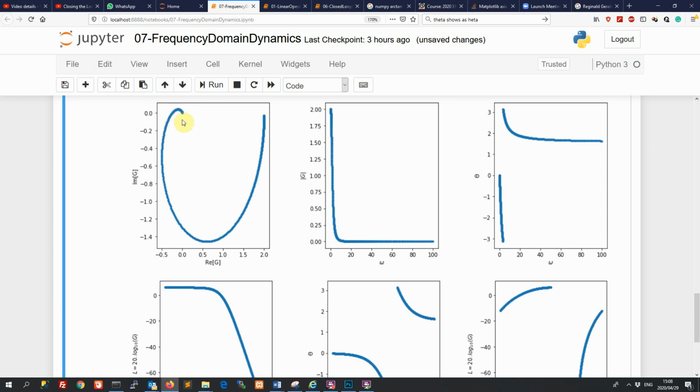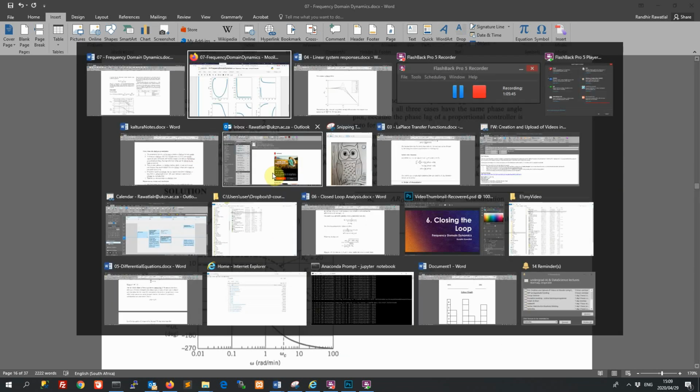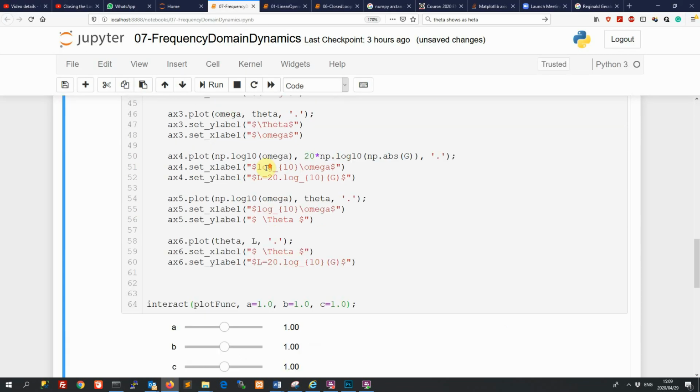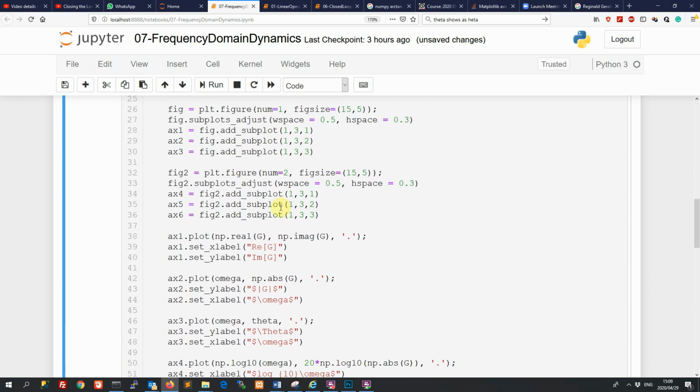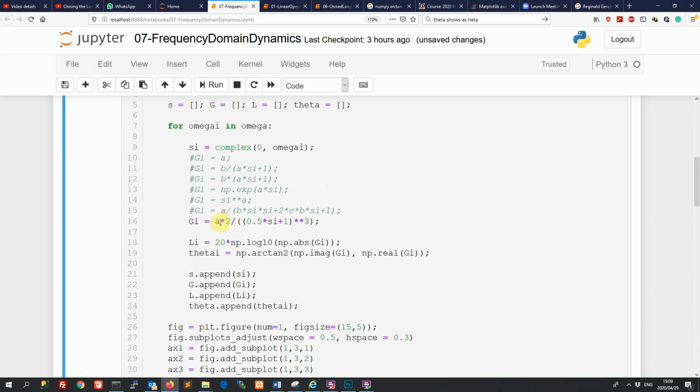If we were applying a proportional controller to this process, we would have a kp multiplied with all this. That's shown here, where we have a multiplying factor. So let's simulate that. We have done that already by specifying that it's a times that.